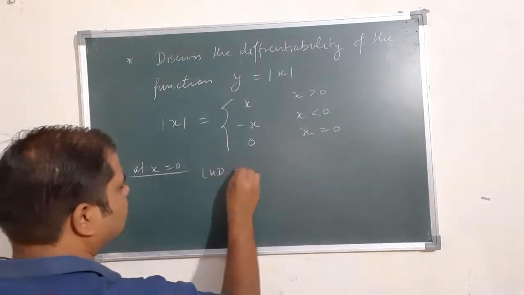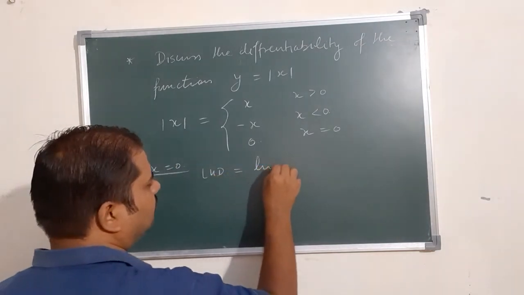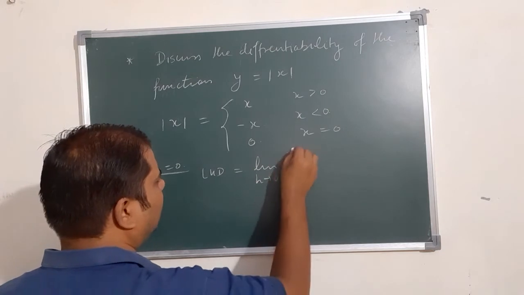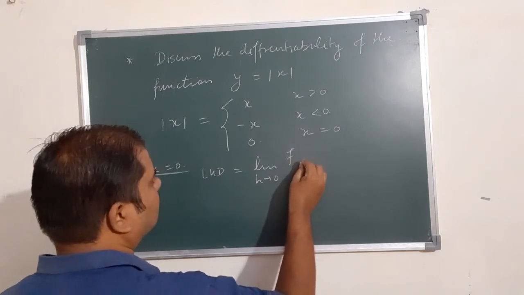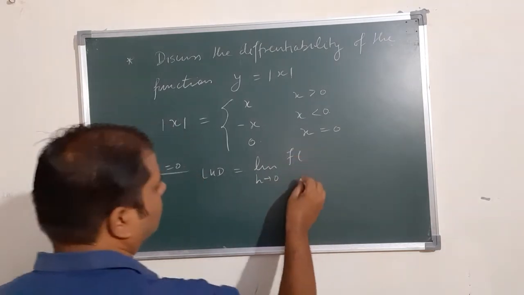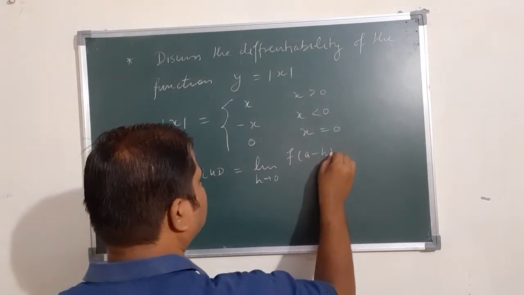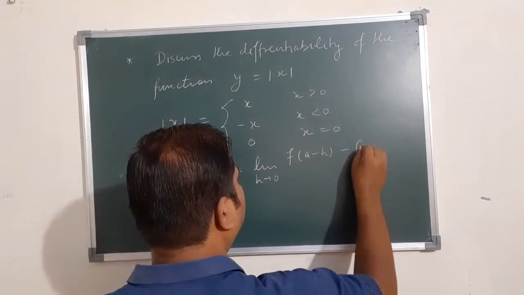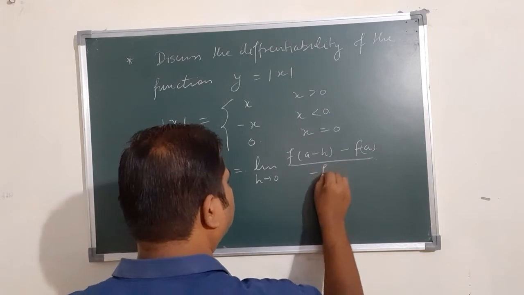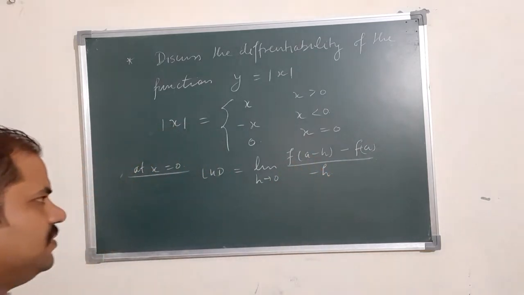So LHD is nothing but limit of h tends to 0 of f(a minus h) minus f(a) divided by minus h. Here a is equal to 0.